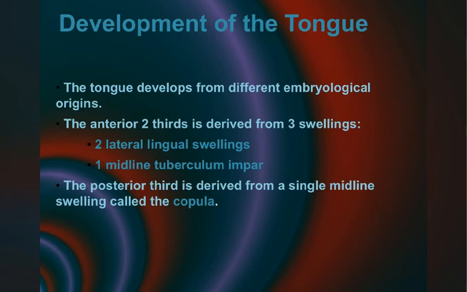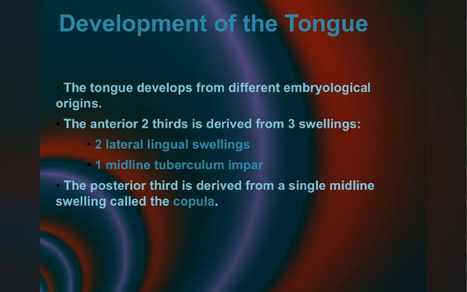Posterior one-third mainly derived from the third arch. So, glossopharyngeal nerve provides both general and taste sensation. The most posterior part of the posterior one-third is derived from the fourth pharyngeal arch. So, the general and taste sensation is supplied by the vagus nerve.